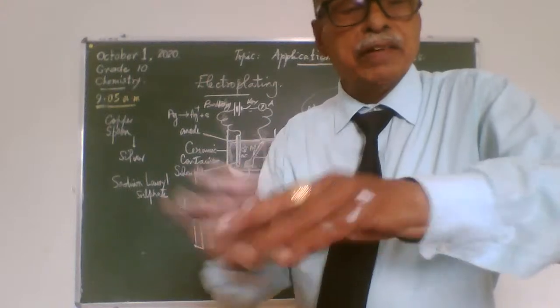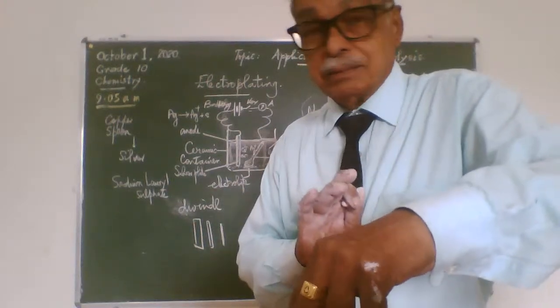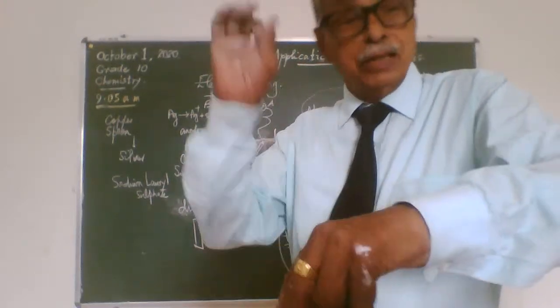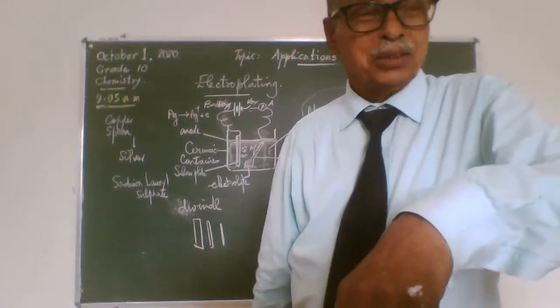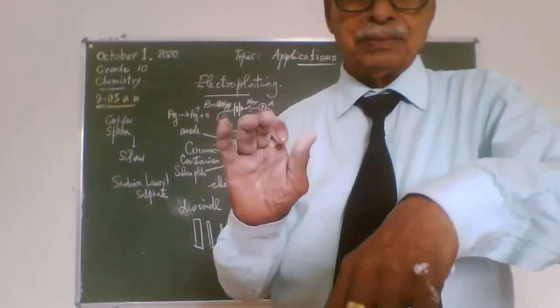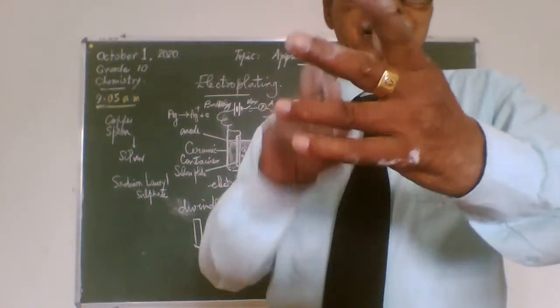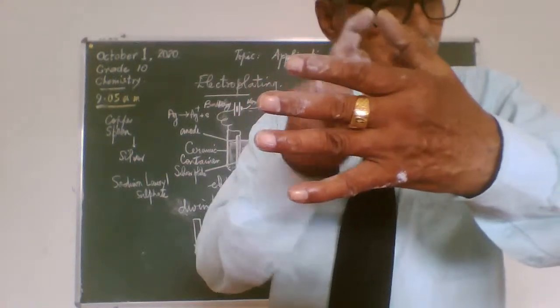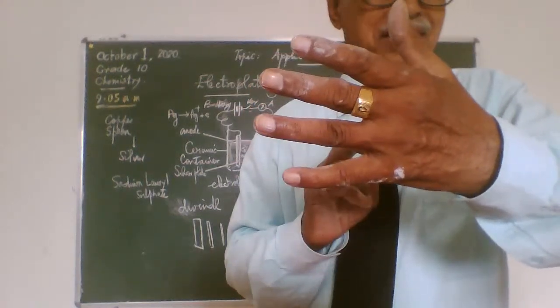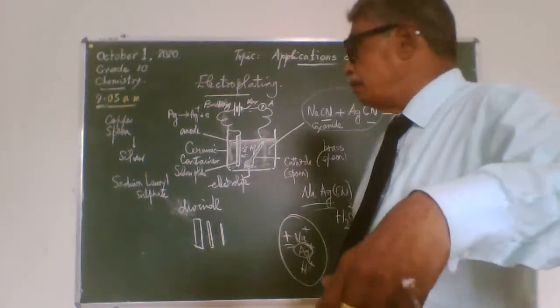The spoon should be cleaned in detergent solution, then in water again, and finally in distilled water. So sodium hydroxide, hydrochloric acid, and water, then detergent, then water and distilled water. It will be cleaned very well.